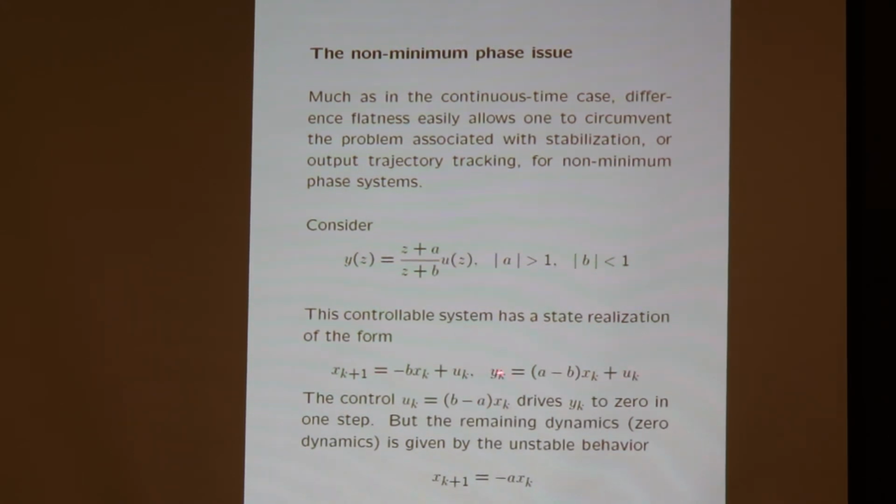So don't be deceived by the fact that the flatness gives you the nice relations, because if you take this approach, the zero dynamics that you will obtain is unstable. So that's not the way to do it.